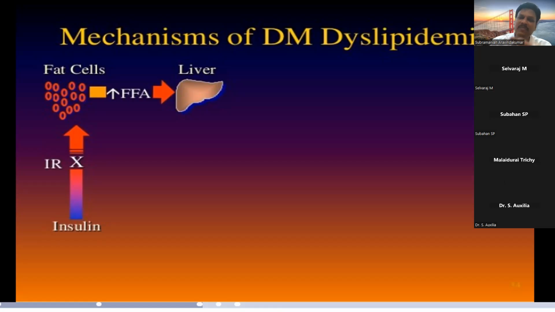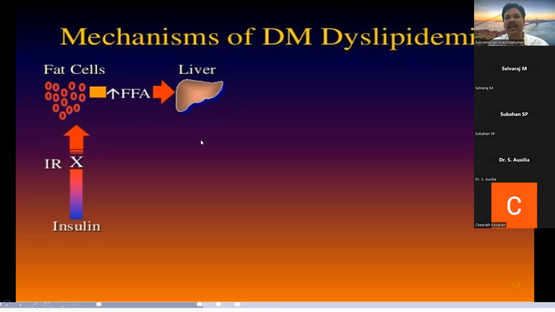When it breaks down, it comes into the circulation, is utilized by skeletal muscle, and the excess comes back into the liver. Because of the insulin resistant state, excess free fatty acid is circulated and more of it comes into the liver. Now you understand the endogenous metabolism of insulin resistance.